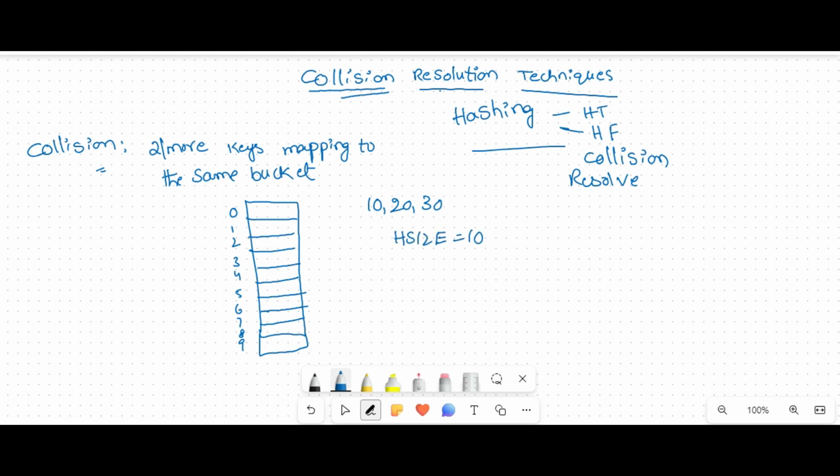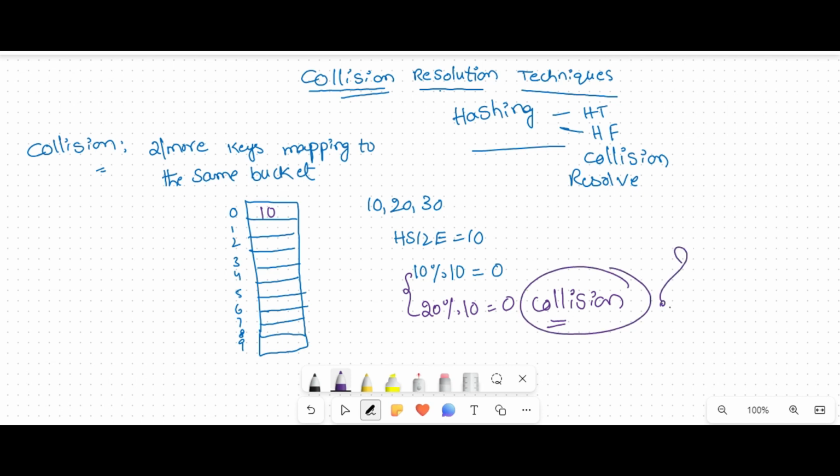So how can we insert? The general hash function used is 10 modulus 10, which is equal to 0. So 10 is inserted here. Similarly, 20 modulus 10 equal to 0. So collision occurred. So 10 and 20 are mapped to the same bucket. Then how to resolve these collisions?